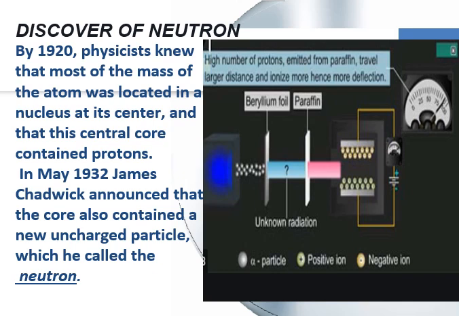By reacting with this paraffin sheet, they produce protons, and these protons were then detected in the detector, right? James Chadwick was awarded the Nobel Prize for this discovery, and the particle was named neutron. He was the first one who proved that neutral particles also exist in the nucleus.